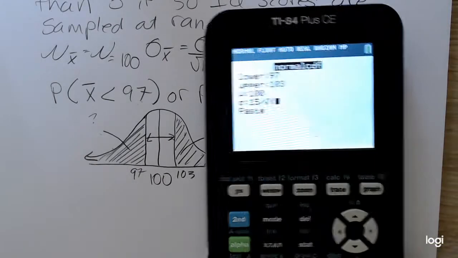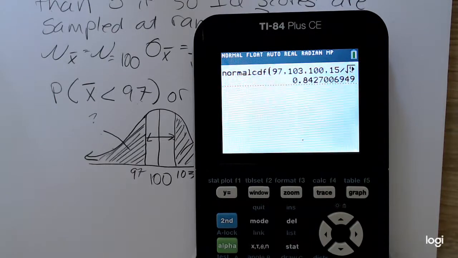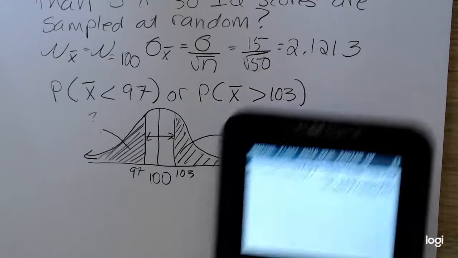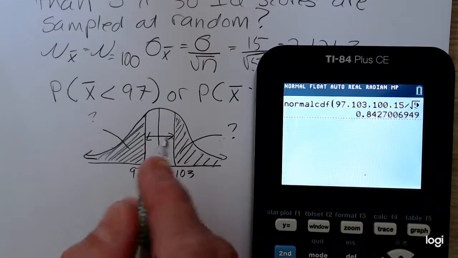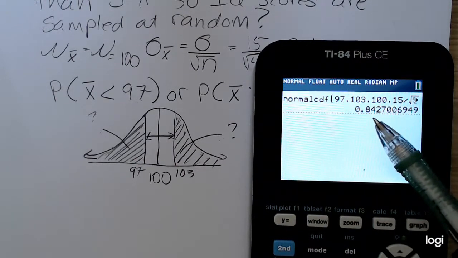I just forgot, sorry, 50. So this area between the two shaded areas, rounded to 3 decimal places, is 0.843.